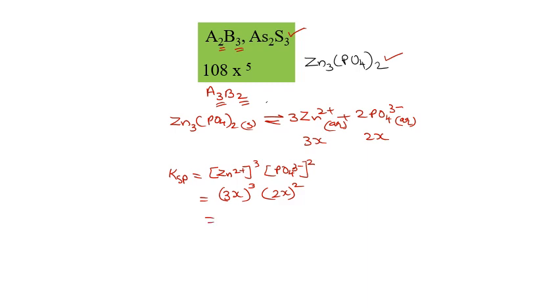So what we will write, 3 times 3 times 3, so 27x cubed, 2 times 2, 4x squared. So you will get 108x to the power 5. If you are taking another example, you can find the same. And you can try some examples. Now, why don't you try As2S3 by yourself and see whether you are getting 108x to the power 5. Okay, these are some general forms of how to write the Ksp expression, some examples.